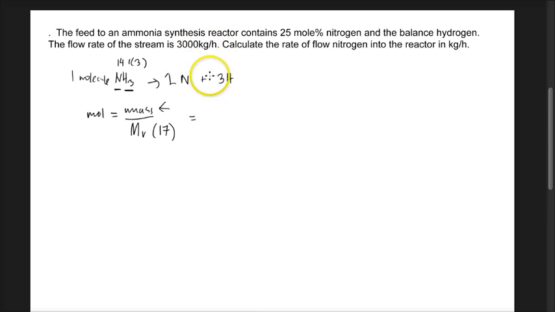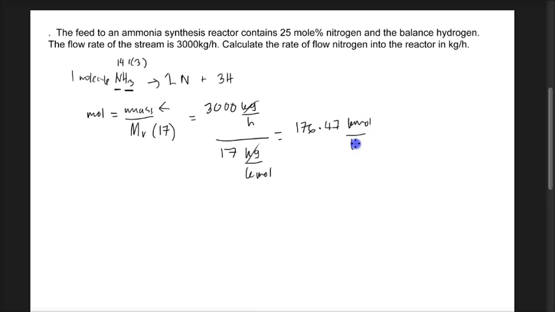So it was given 3000 kilogram per hour, divided by the molecular weight, which is 17 kilogram per kilomole. So that can cancel out, and then we get 176.47 kilomole per hour, and this is kilomole of total ammonia.